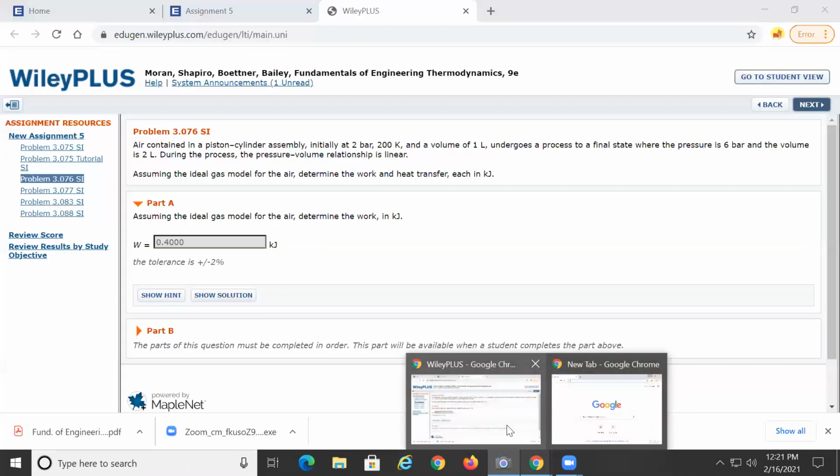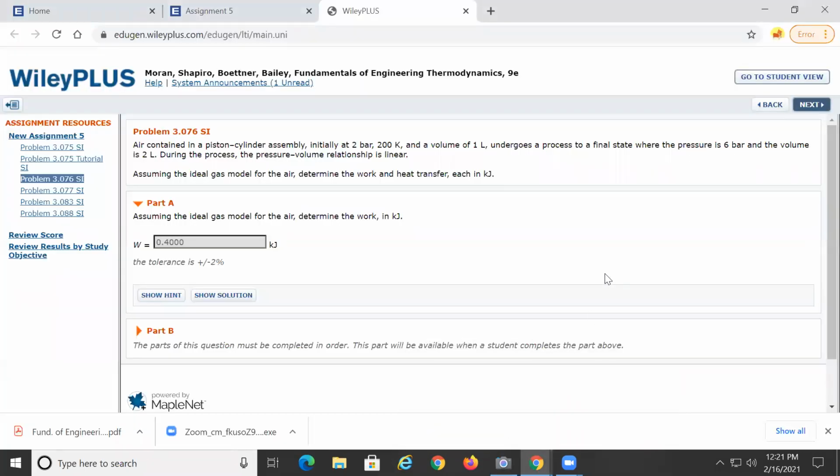So let's see what I know. They say initially at 2 bars, so I will put under P1 equals 2 bars, T1 equals 200 Kelvin, and V1 equals 1 liter. It undergoes a process to a final state where the pressure is 6 bars.